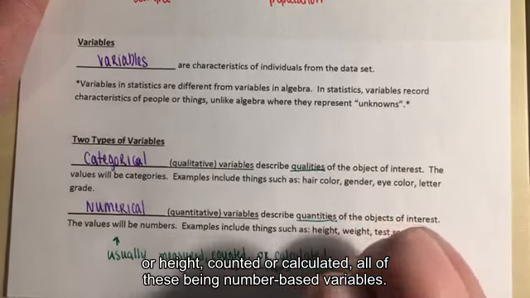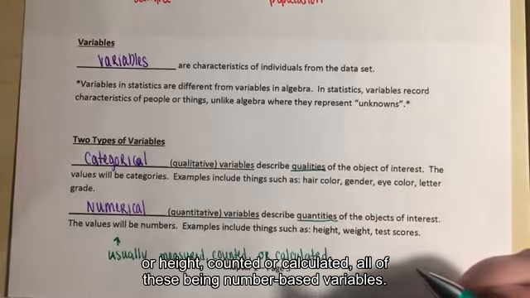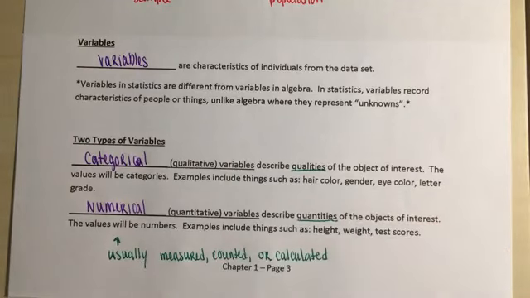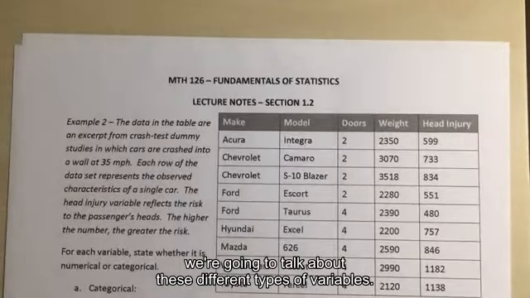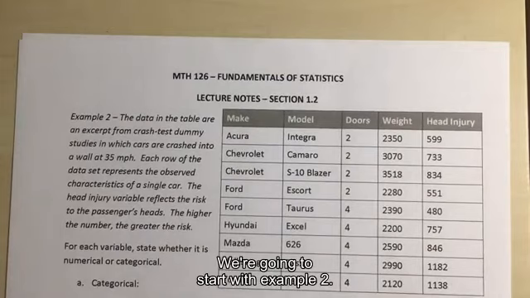Right? All of these being number-based variables. Right, in the next couple of examples, we're going to go through and talk about these different types of variables. Okay, so we're going to start with example 2.